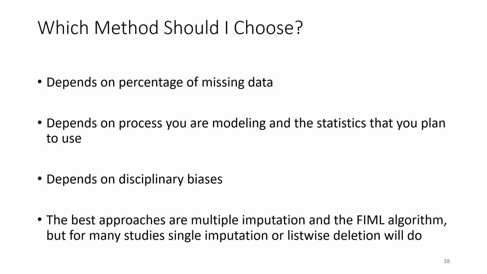So at this point, we've talked about a variety of different methods for treating missing data, including listwise deletion, mean substitution, single imputation, multiple imputation, and use of the FIML algorithm when we use structural equation modeling or multi-level modeling. So which method should you choose? That depends on a number of things. For example, the percentage of missing data.